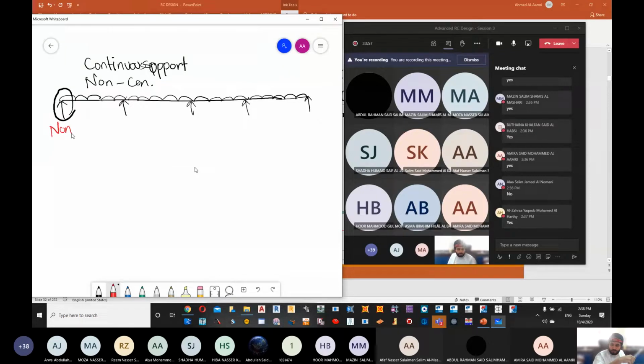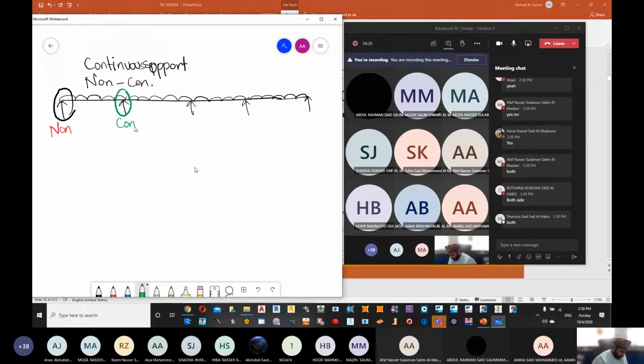When we talk about continuity, is it connected to another member from the other side? No, it's not connected. Now, what about this one? Is it connected from both sides or one side? Both sides, so this is what we call continuous.